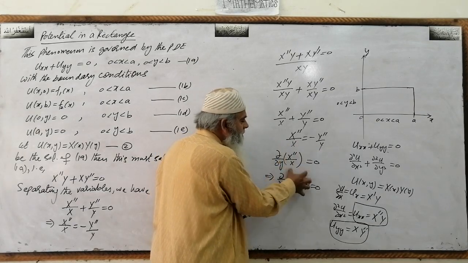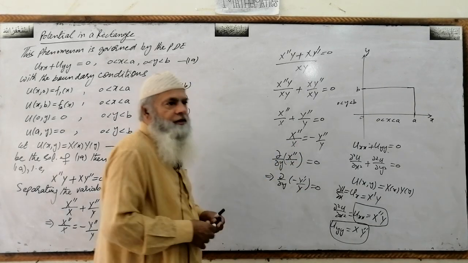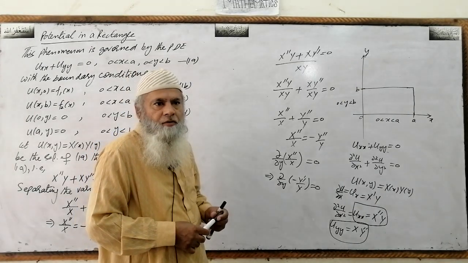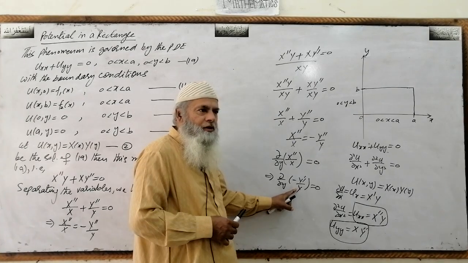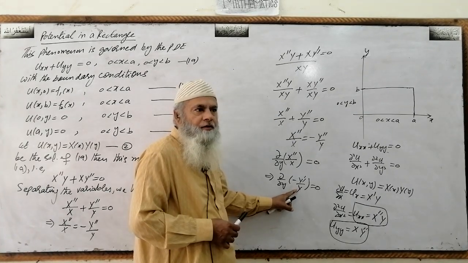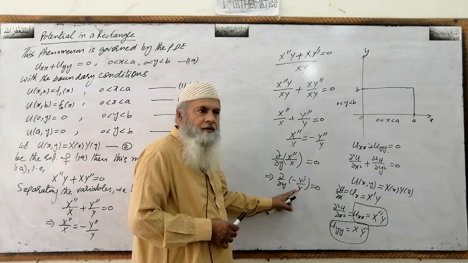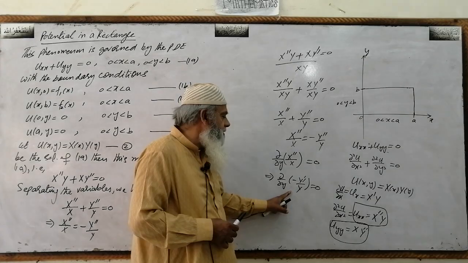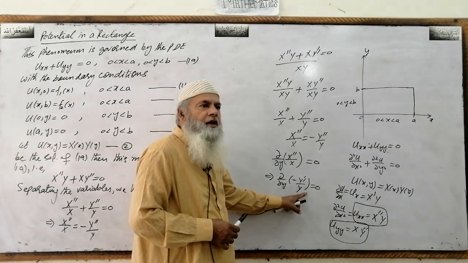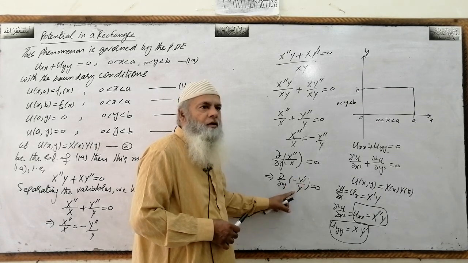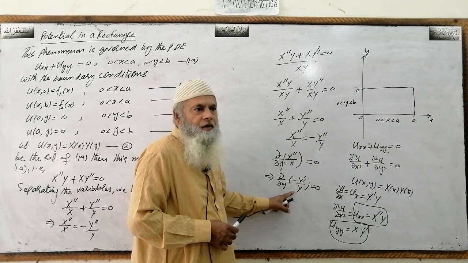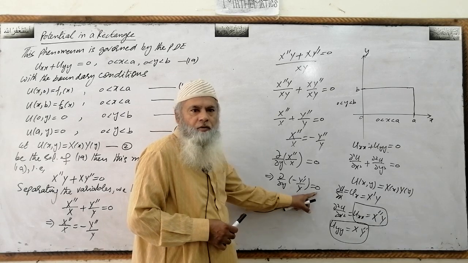Now if its derivative is 0, then obviously the right hand side's derivative is also 0, in spite of the fact that it looks like it involves y. Even then, partial derivative with respect to y being 0 indicates that in this format it does not involve y, otherwise it could not have been 0.